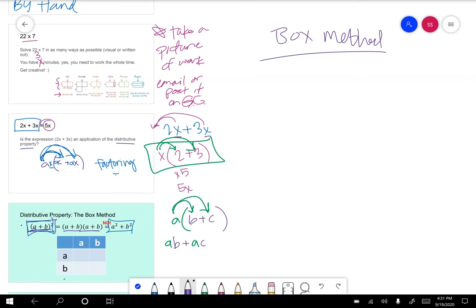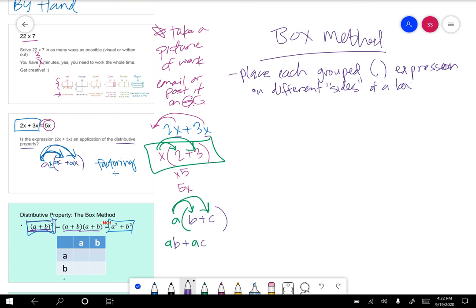Okay, so with box method, basically, you're going to place each grouped expression, by grouped, I mean parentheses, on different sides of a box. And I'll go over what that looks like.